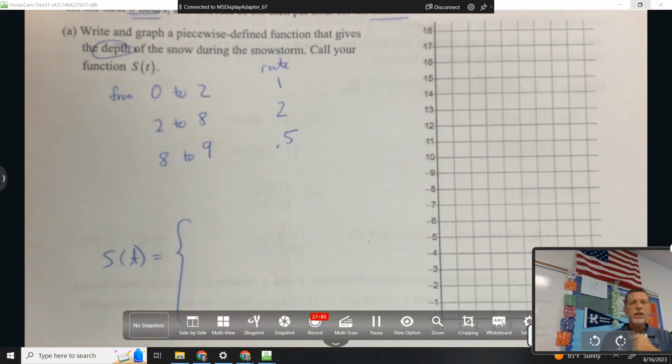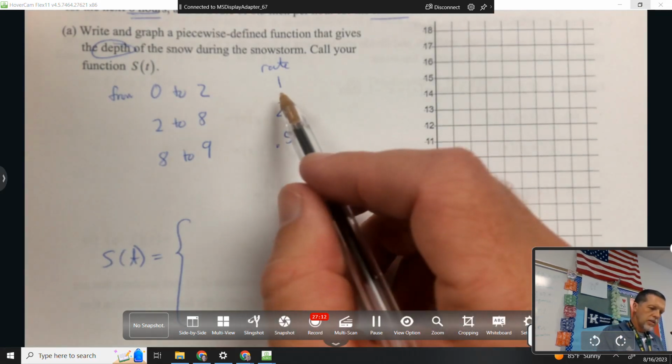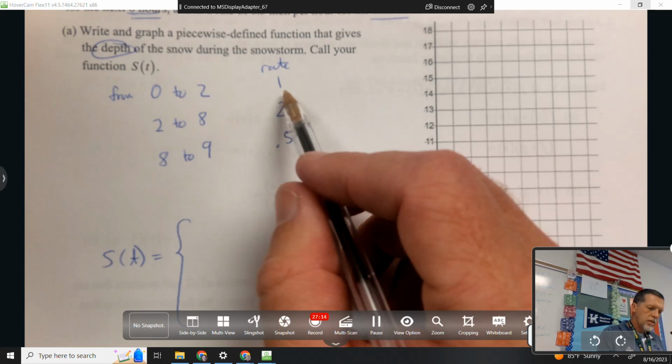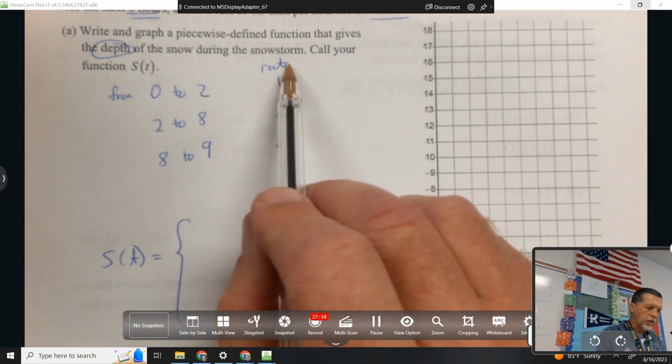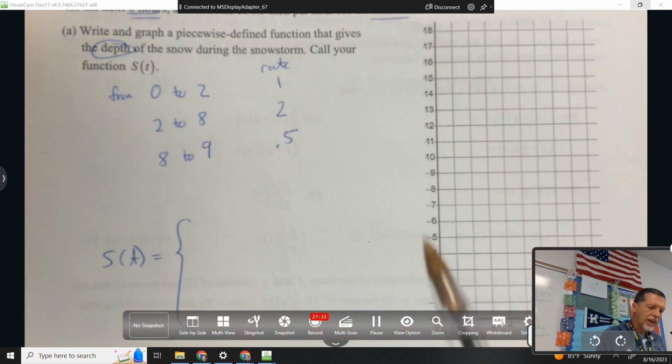So that doesn't define my function, but it at least helps me think about things. Depth of snow during the snowstorm. Well, it doesn't tell me where it starts, so I think I can start at 0.